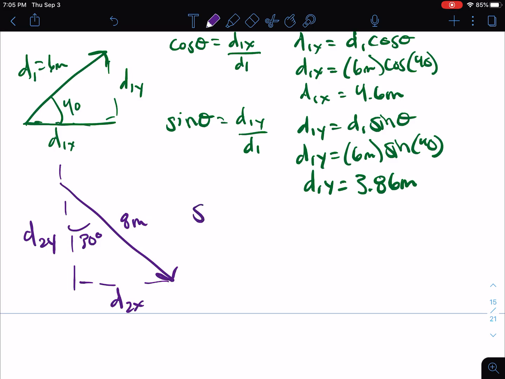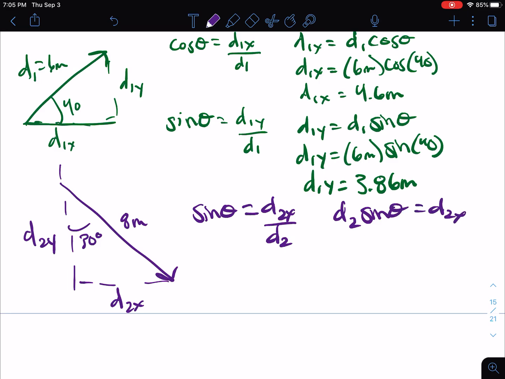So now we have the sine of the angle is going to be D2x over D2 because D2x is opposite that angle instead of the same side this time. So you have to be really careful about what angle they're giving you. Okay, so we get D2 times the sine of the angle is equal to D2x.